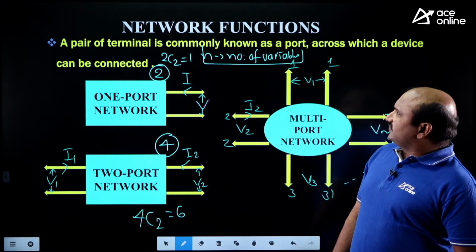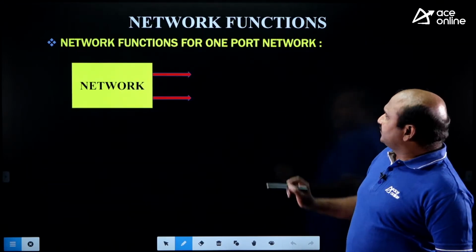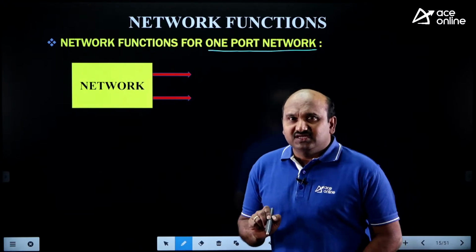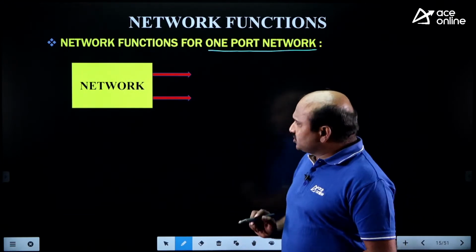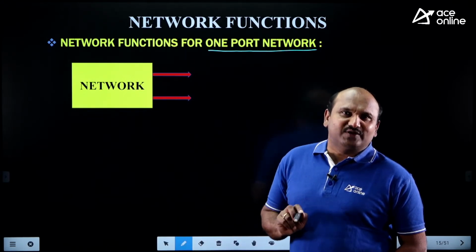Now under these network functions, here network functions for one port network, according to the syllabus, we have questions. In the previous examinations, the questions are under one port network.